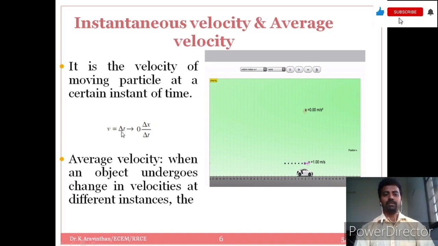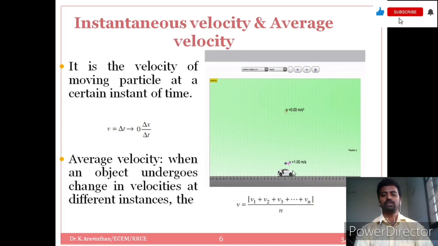When the time delta is taken as 0, delta x by delta t will be the instantaneous velocity. And the average velocity will be, if you are having a number of instants, a number of distances being covered, all the instantaneous velocities are added up to n and divided by n. If you apply this, you will be getting the average velocity.